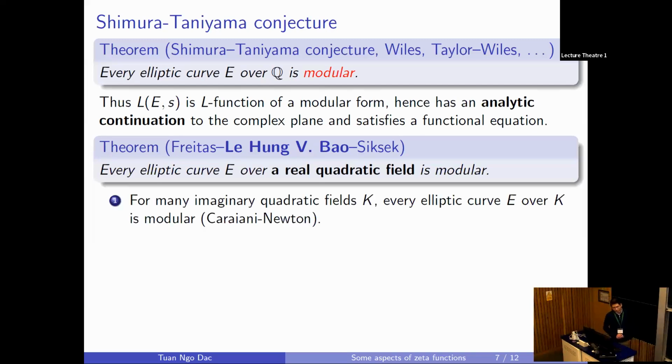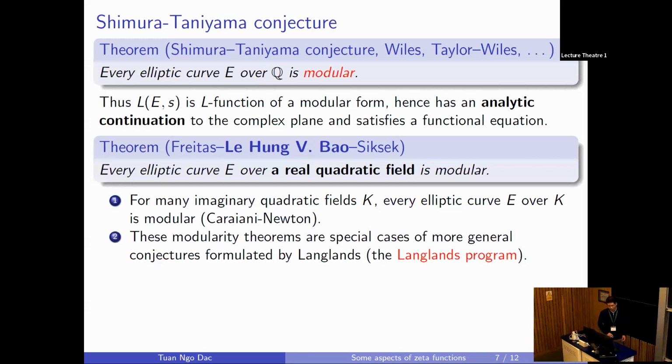And then recently, for many imaginary quadratic fields, here you have something real, here you have something imaginary, there is a work of Caraiani and Newton, who prove that every elliptic curve E over K is modular.